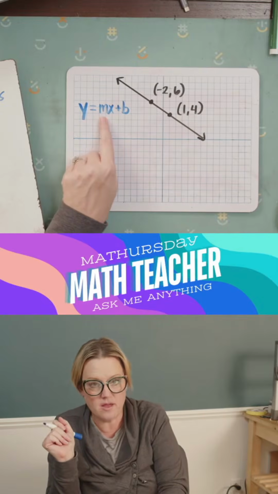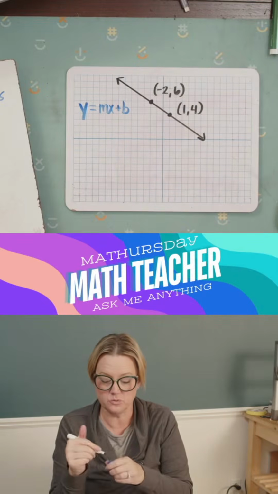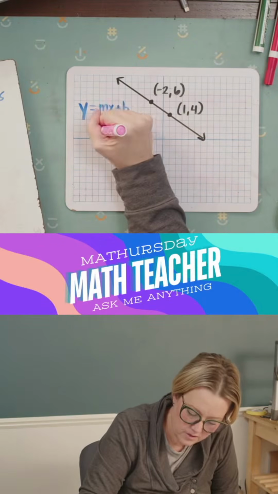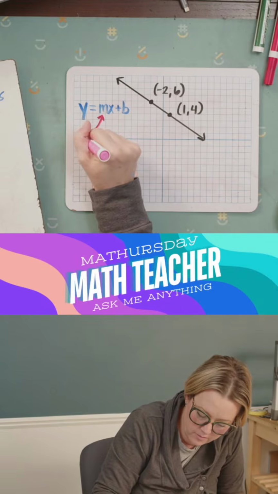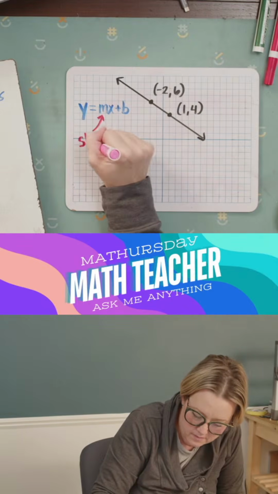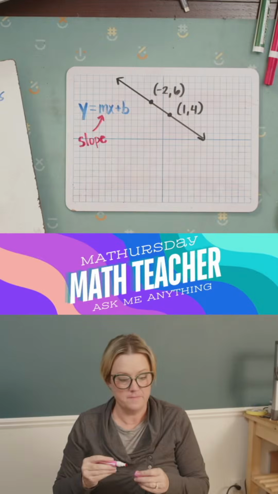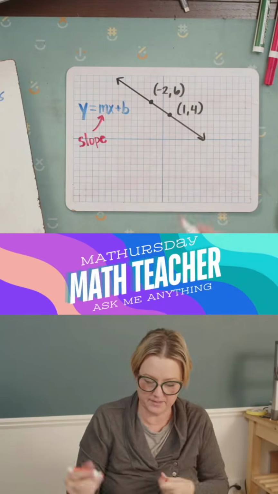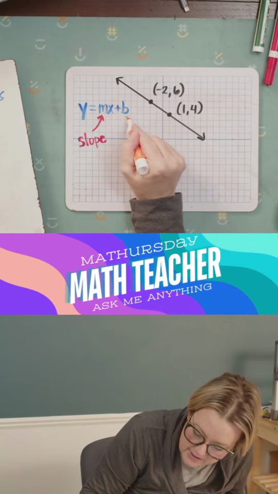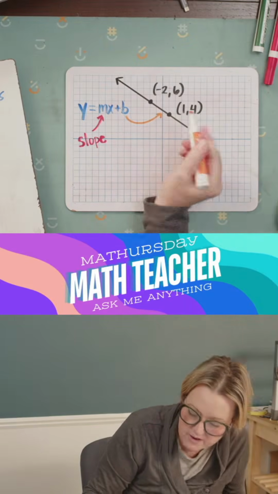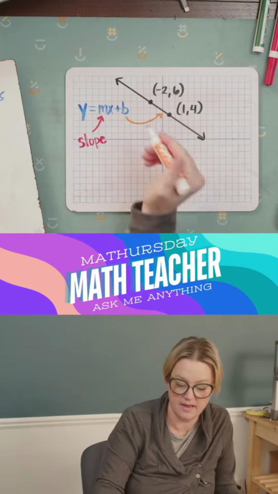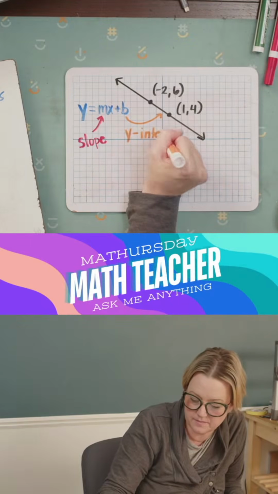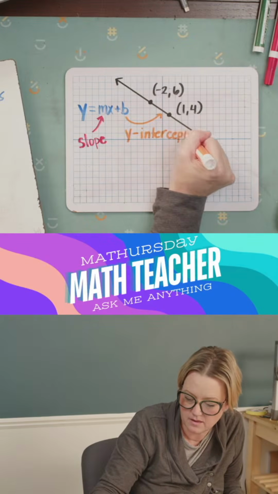The m is your slope, which is rise over run. And the b value is your y-intercept, which is where it intersects with the y-axis. This is your y-intercept.